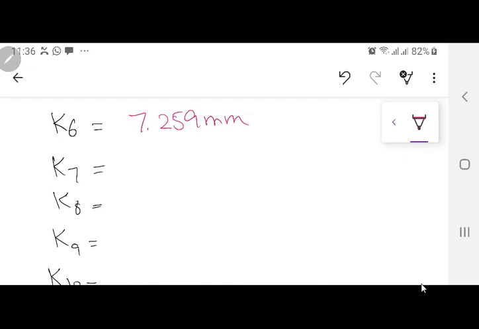After 7.259? Where are you stuck? 5.325 mm.